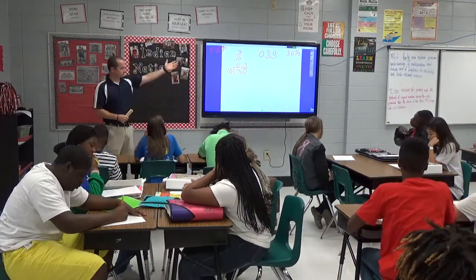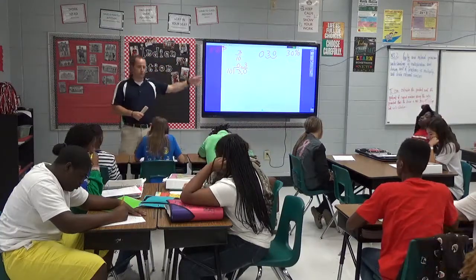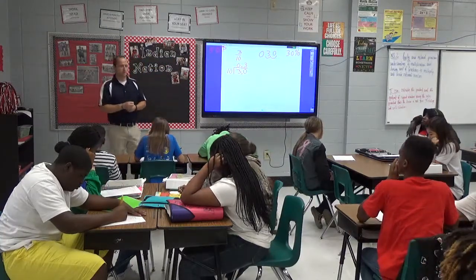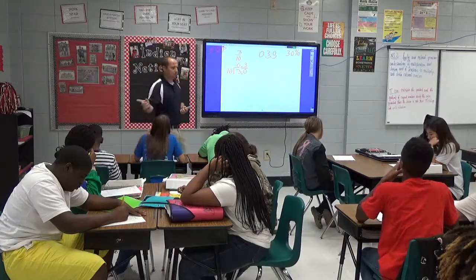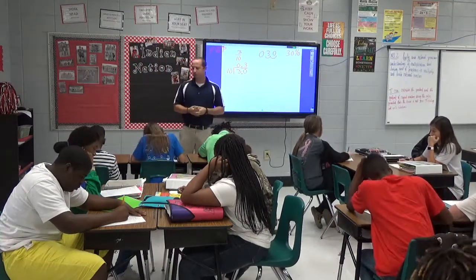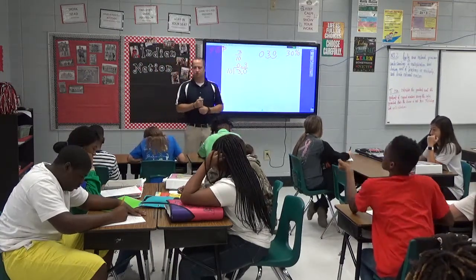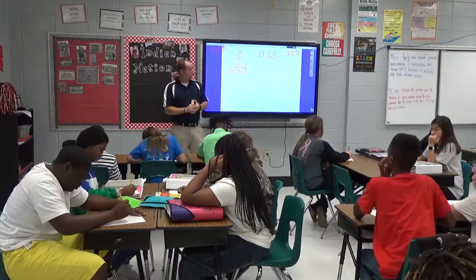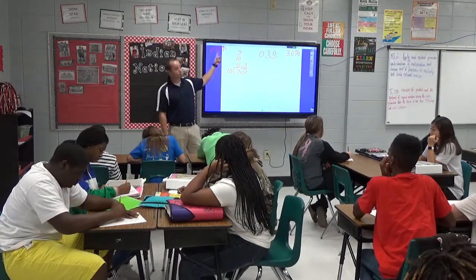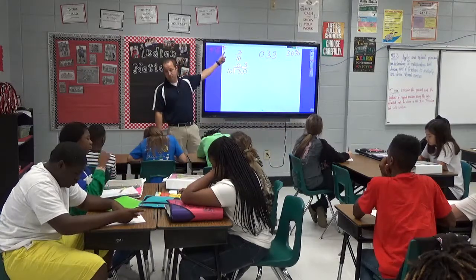And Kason, what's your percent? Well, we just told you what we're doing, going from a decimal to a percent. So what's it going to be? Look right here, going from a decimal to a percent. What do we do?